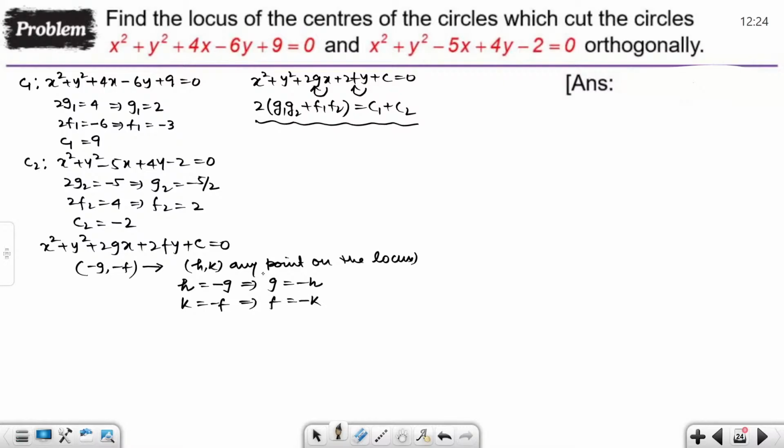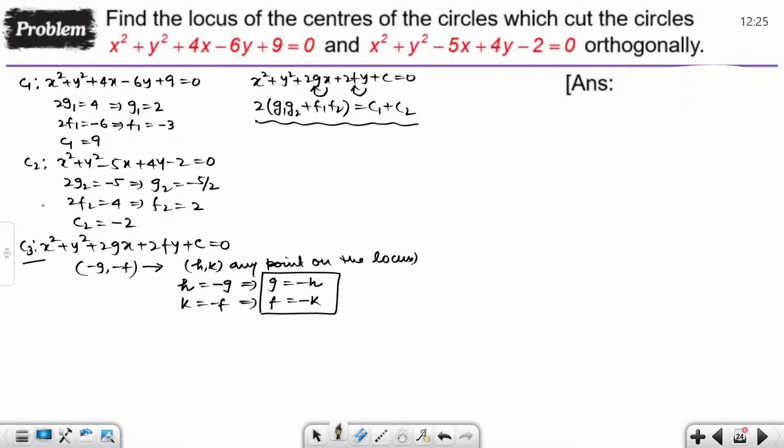So I have to find out a relation between h and k, meaning I have to find out a relation between g and f with the constants, and that will be the equation of the locus. Am I correct? Okay, so let me denote this circle by C3.